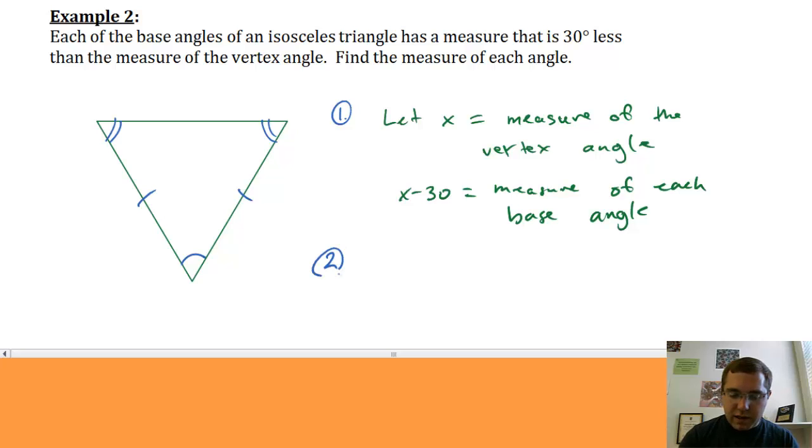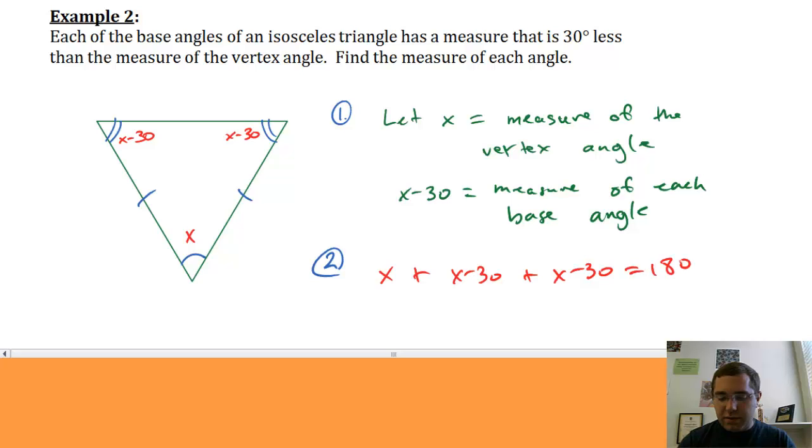So step 2, let's organize our information. Well, on my diagram here, I've got that this angle is x minus 30. This angle is also x minus 30. What do I know about the three angles of a triangle? Right. Very good. They add up to 180. So we've got x plus x minus 30 plus another x minus 30 has to equal 180.